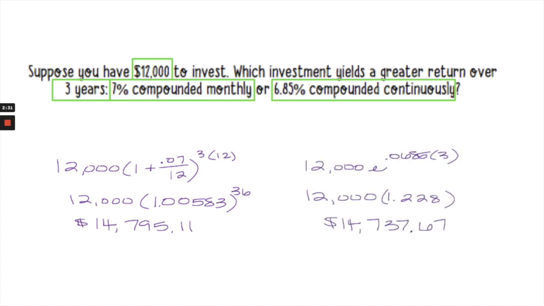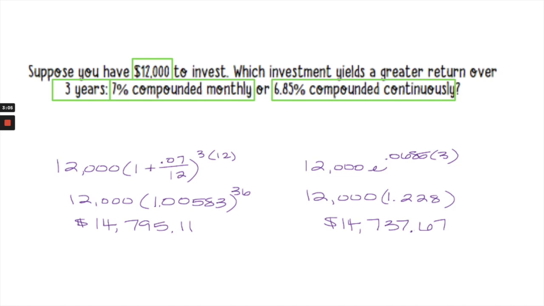A different example would be that they want to know if it's compounded continuously. So rather than dividing the rate or anything like that, it becomes part of the exponent. And I don't have to worry about compoundings because this is happening all the time, which is why we use our base e. So 12,000 times e raised to the power of 0.0685, so taking the percent, still changing it to a decimal, times 3, which is t, the number of years, calculating that number, multiplying it by 12,000, and my yield would be $14,737.67.